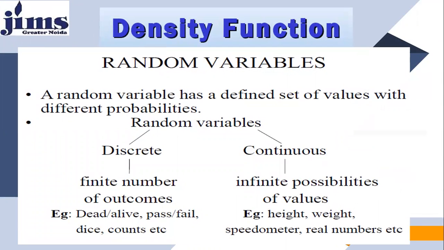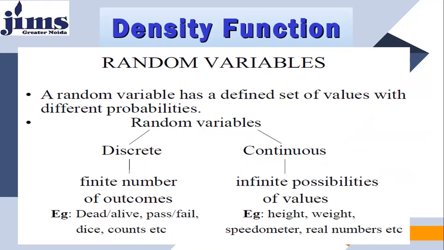So before we start, we once again focus on random variables. Random variables we already discussed in previous video lectures. But before we start density function, we should go through random variables once again. A random variable is defined as a set of values with different probabilities.